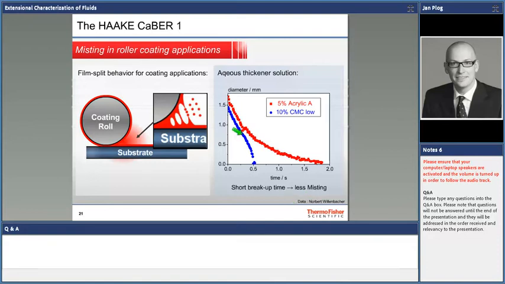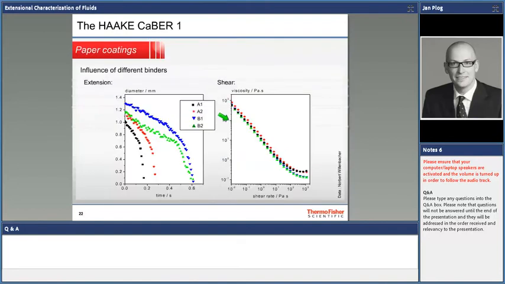He showed a very good correlation between short breakup times and less misting behavior. The shorter the breakup time of a specific sample in that respect, the better it will work in a roller coating application.